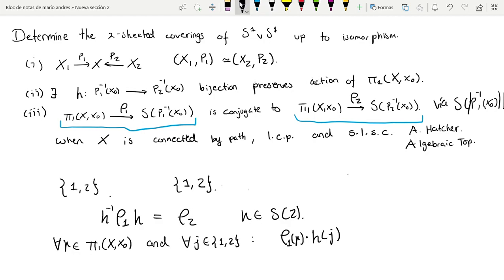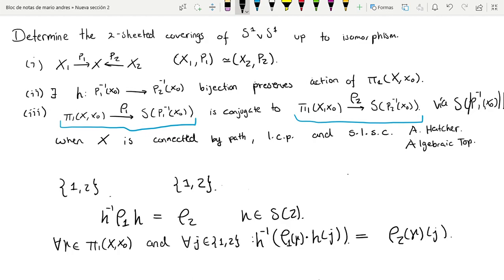Finally we can act via H inverse on this symbol, right? So this needs to be the same as the action via the second covering on the J symbol. So this means that those actions are conjugate via an element of the S2 group.